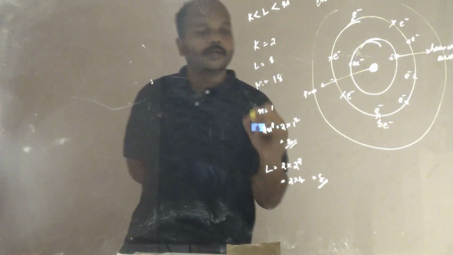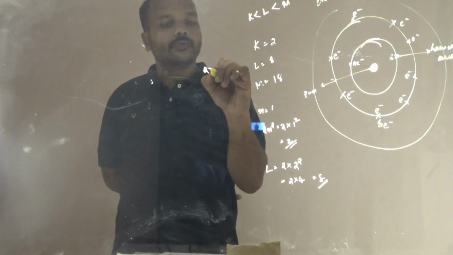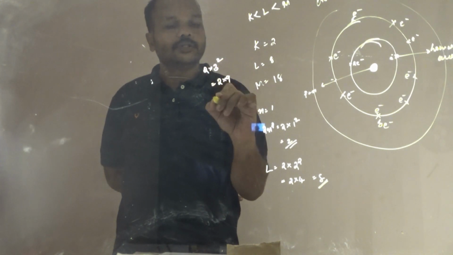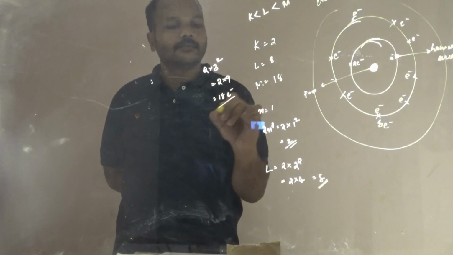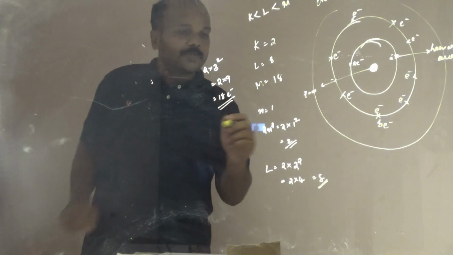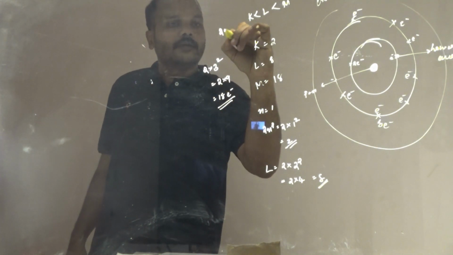For M it is 2 into 9, so 18 electrons. You just need to remember this formula, 2n square.